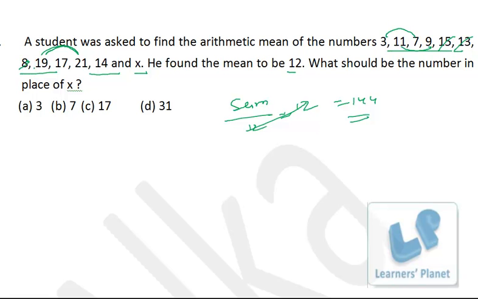So we are left with just 7. So the value of x must be 7. Okay. I hope that's clear to you.